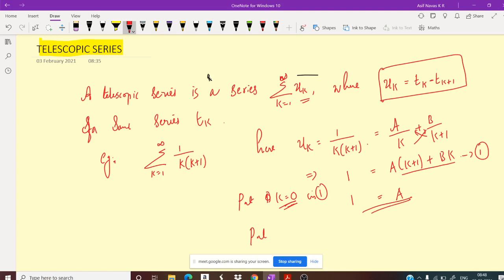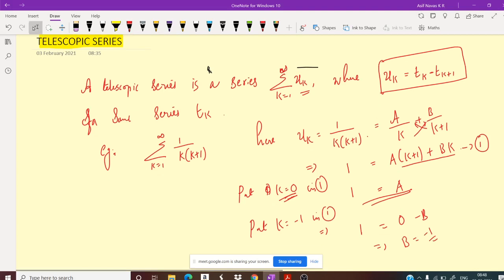So I got the value of a. Now put k equal to minus 1 in equation number 1, which implies 1 equal to a into minus 1 plus 1, which is 0, plus b into minus 1, that is minus b. So which implies b equal to minus 1.